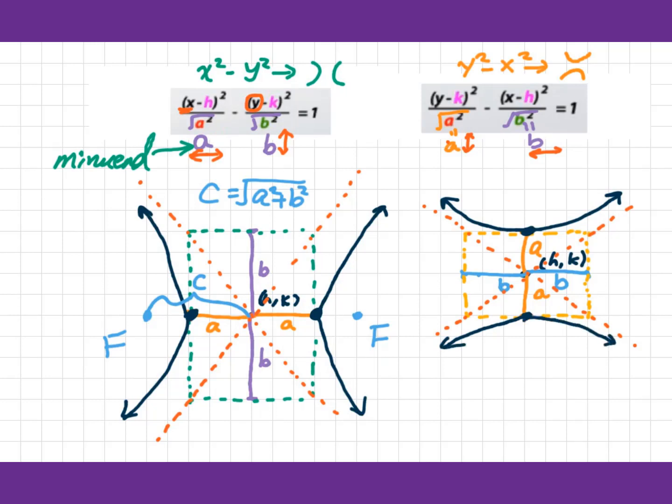Then we will find the focus. Focus is inside the curve. Suppose this is the focus. The distance between center and this focus is c. c equals the square root of a squared plus b squared.